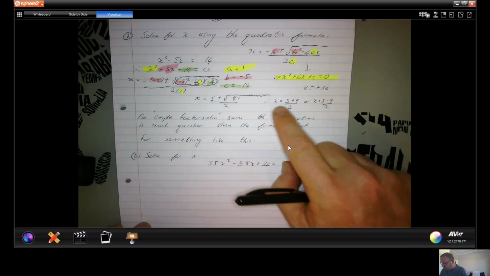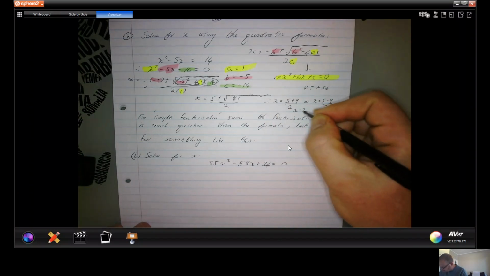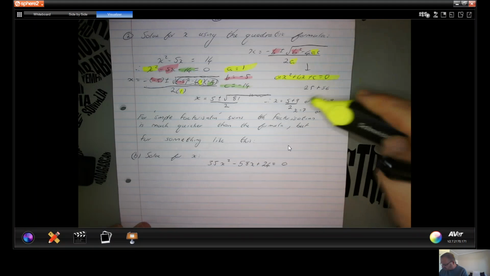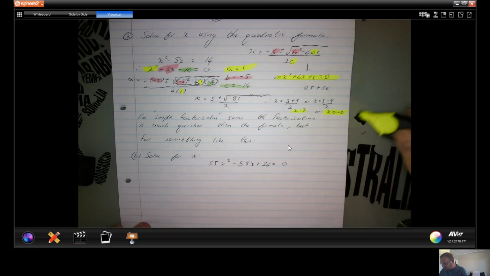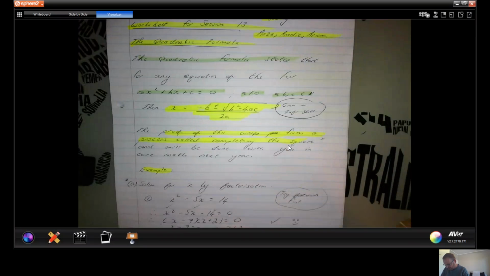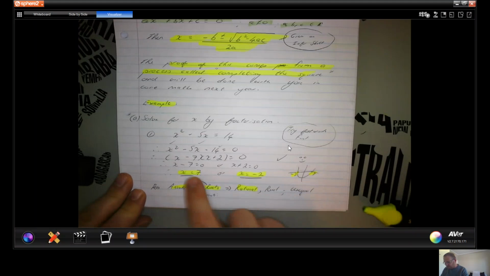Okay, so I end up with 5 plus 9 is 14. 14 divided by 2 is 7. So you get x is equal to 7, or x is equal to minus 4 divided by 2 is minus 2. So we get solutions of 7 and minus 2, which is the same as that.